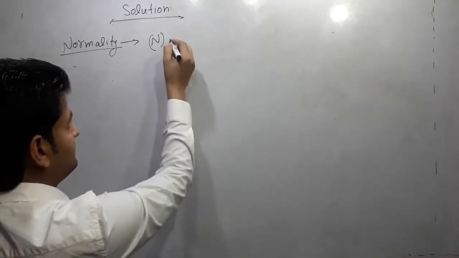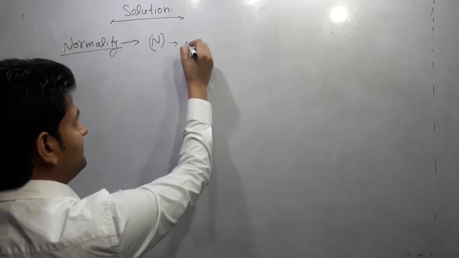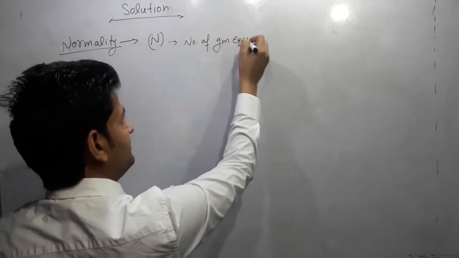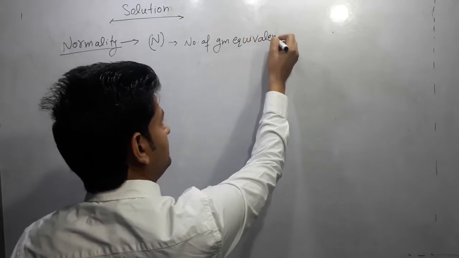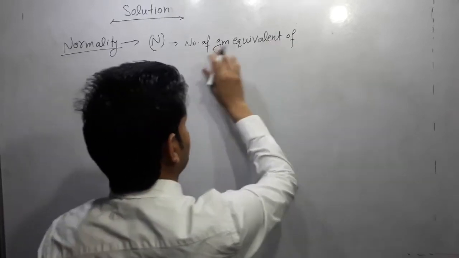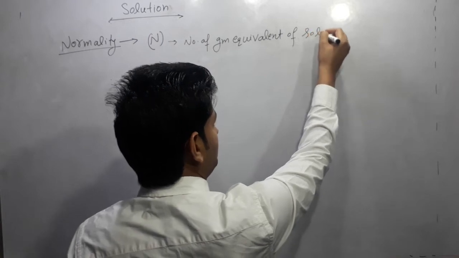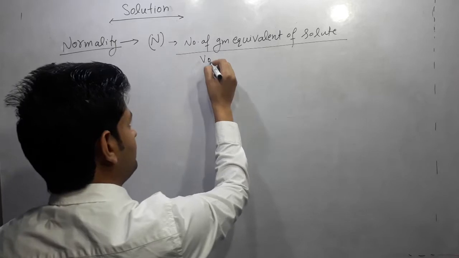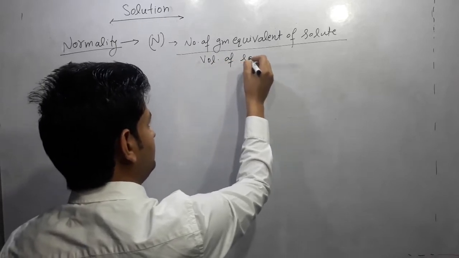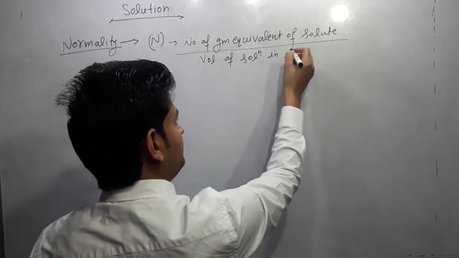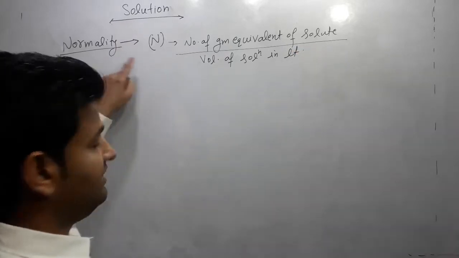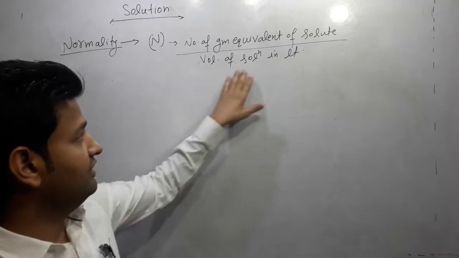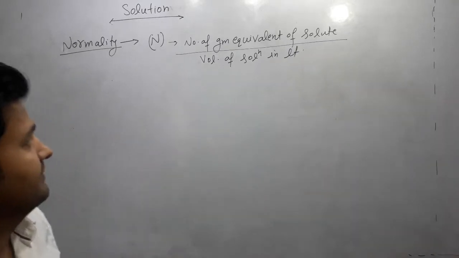Normality is simply the ratio of the number of gram equivalents of solute by the volume of solution in liters. It means normality is defined as the number of gram equivalents of solute present in 1 liter of the solution.